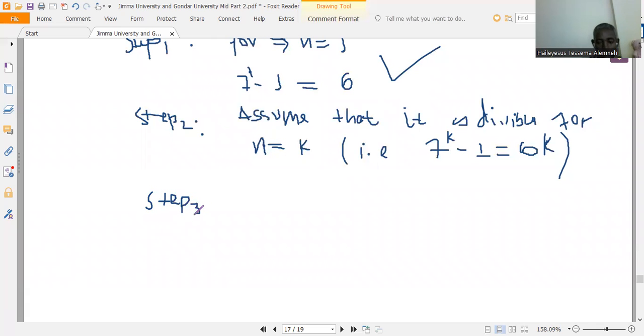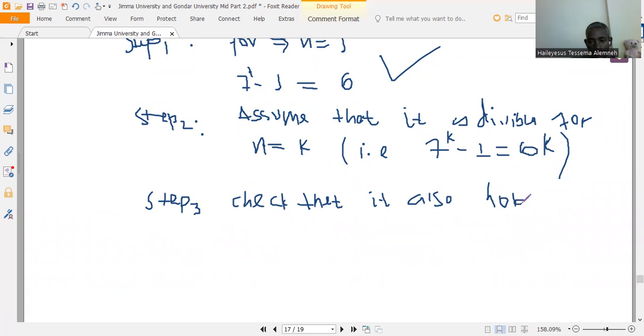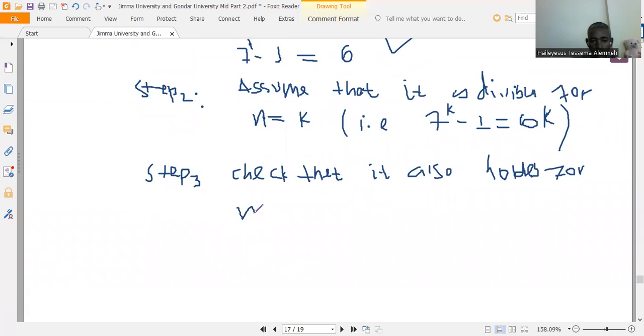On step 3, ምን እናደርጋለን? Step 3 ላይ want to check that it also holds for n is equal to k plus 1.